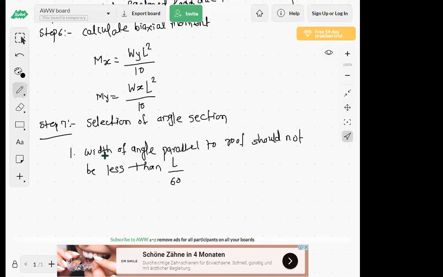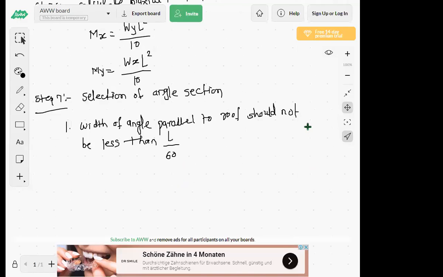See, an angle has two dimensions, width and depth. So width of angle is parallel to roof and it should not be less than L by 60. Here L is the spacing of truss.